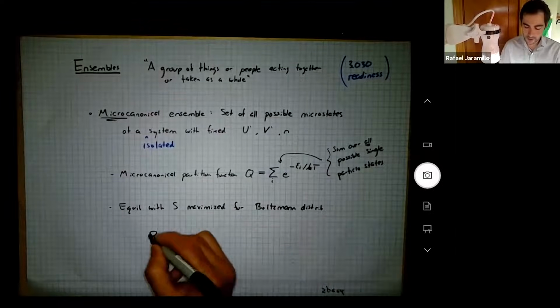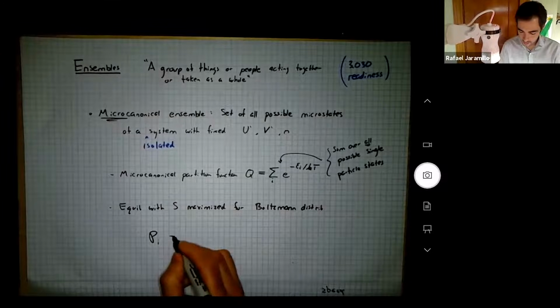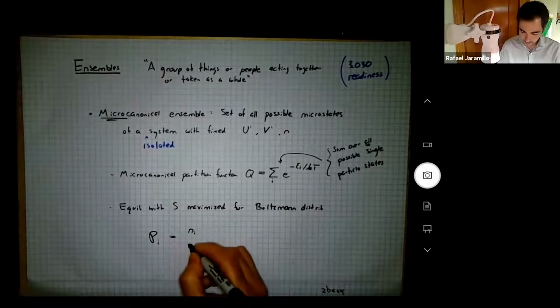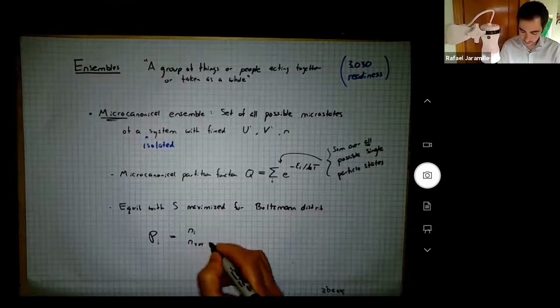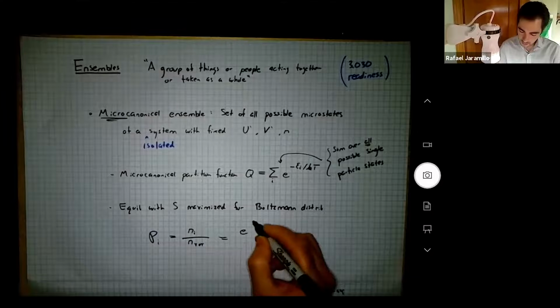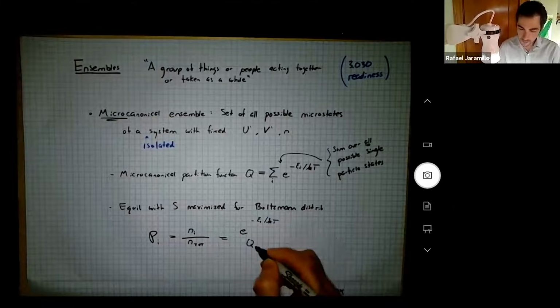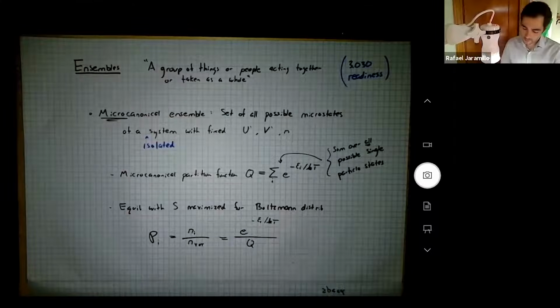So the probability of finding a particle in state i equals the number of particles in state i at that distribution over the total number of particles, equals e to the minus E_i over kT. You're getting sick of seeing me write this by now. All right.